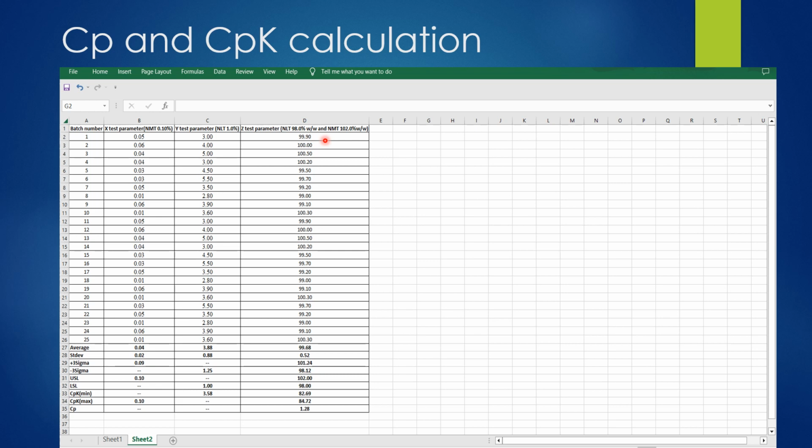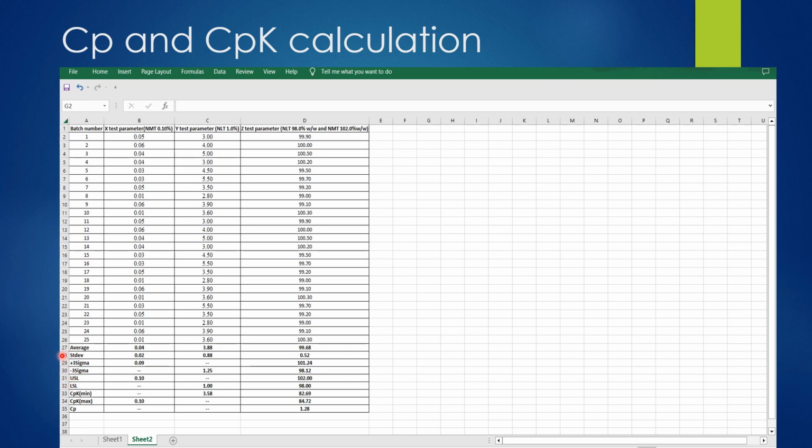So these are the limits that we are going to use, and here we can calculate the Cp and CpK values for 25 batches. A minimum of 25 batches is required for the Cp and CpK calculation, and we can go with more batches as well.